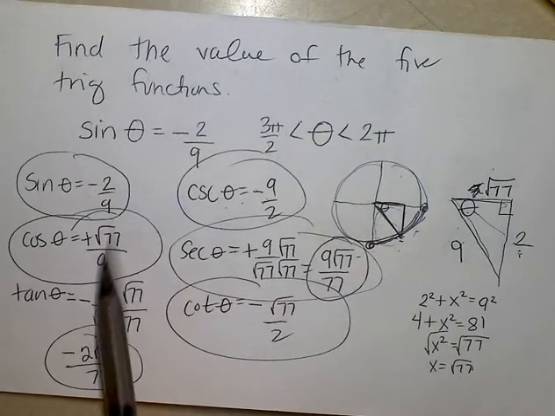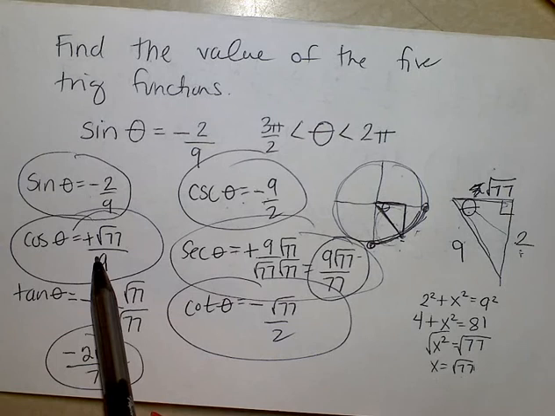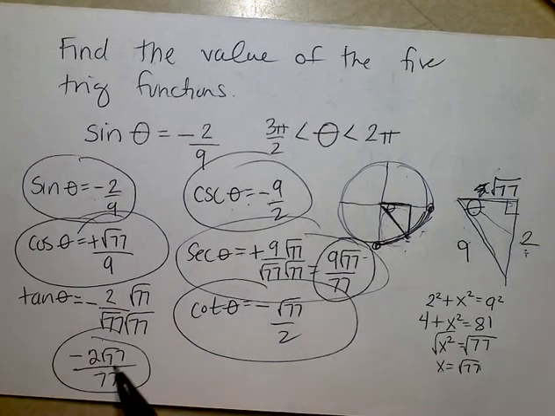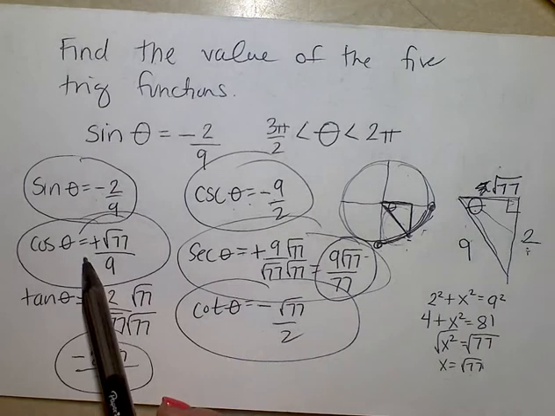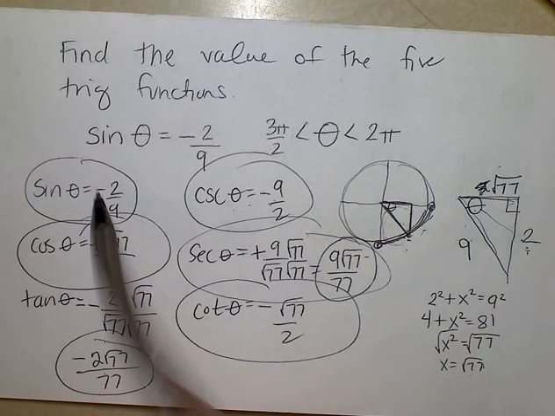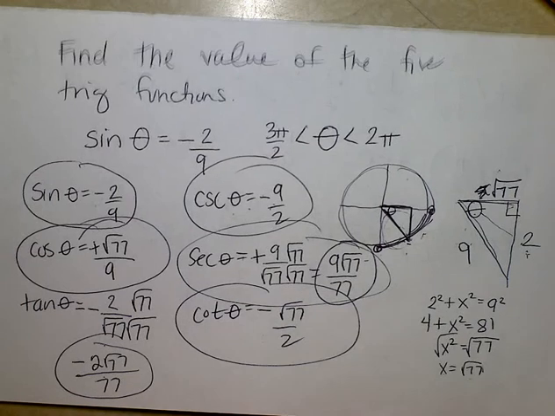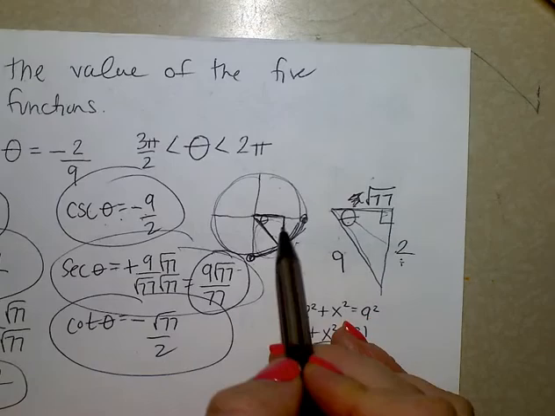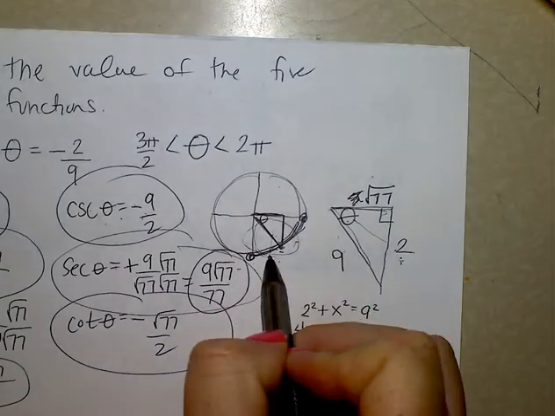So a negative divided by a positive is a negative. Does that make sense to you? Yeah. And cotangent is cosine divided by sine, so positive divided by negative is a negative. In quadrant 4, your x's are positive, your y's are negative. Make sense? Okay, flip to the back side, please.